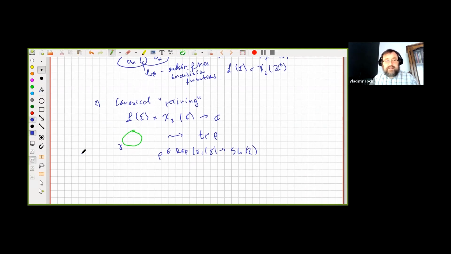And if you have several of them, so you have a product. If you have several loops gamma_i, I do not draw them on the surface, then you associate to it the product of traces of rho of gamma_i.